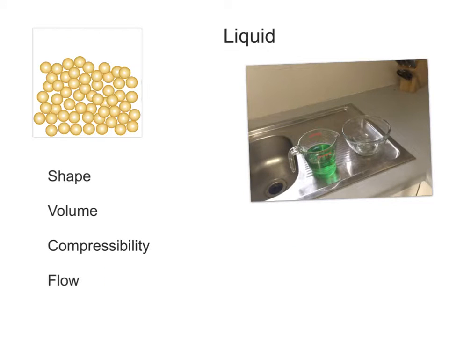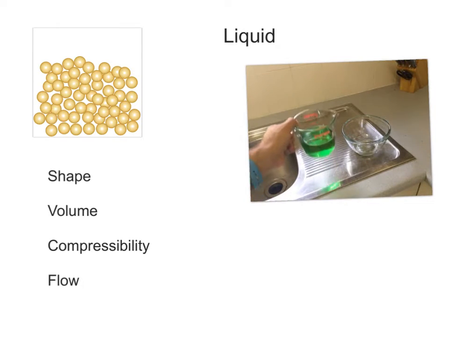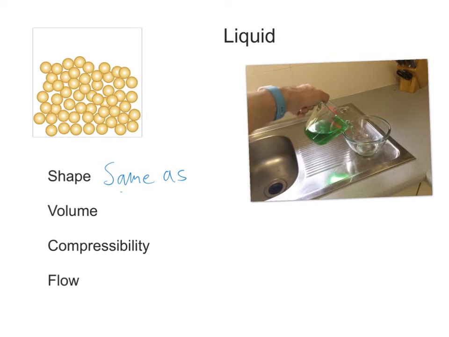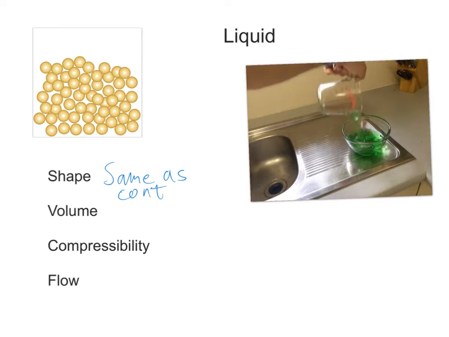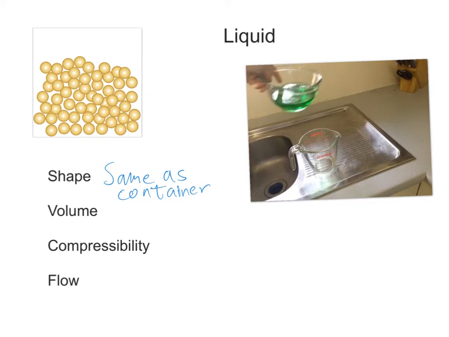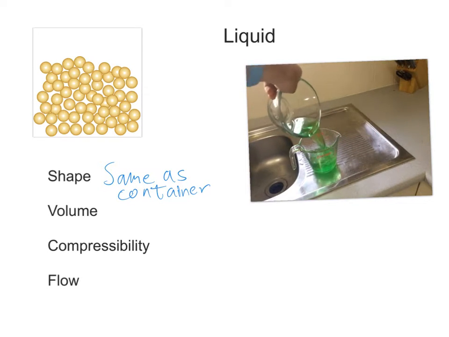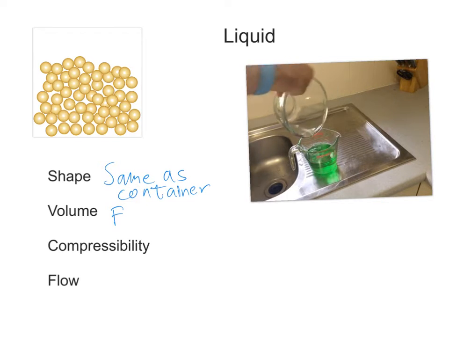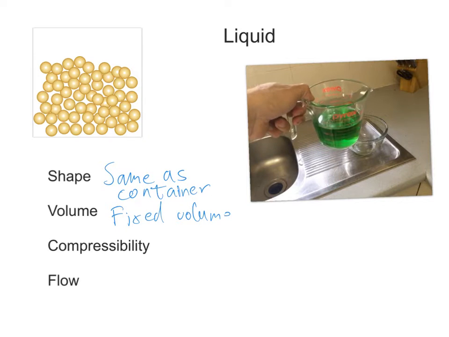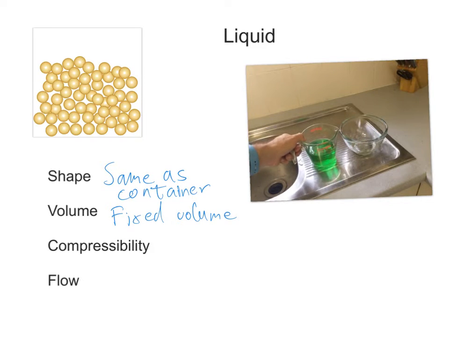Now a liquid. The shape of a liquid. Well, the shape of the liquid is the same as its container. Same as whatever container it's in. Its volume is a fixed volume.